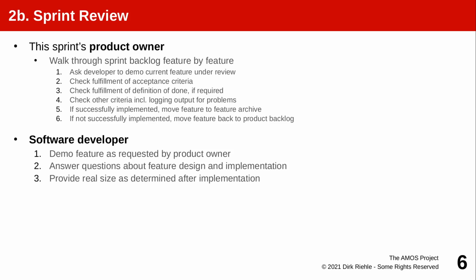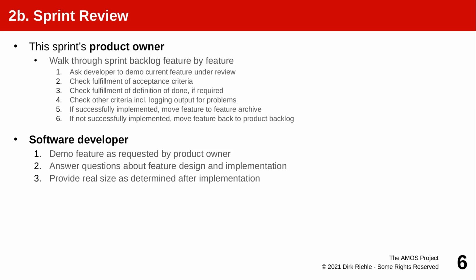If it was not fully done, and fully done means 100%, so if it was only 99%, if it's not done, it's not done. If it was not finished, then you move the feature back to the product backlog to be possibly picked up in the next planning iteration, in the next planning session.